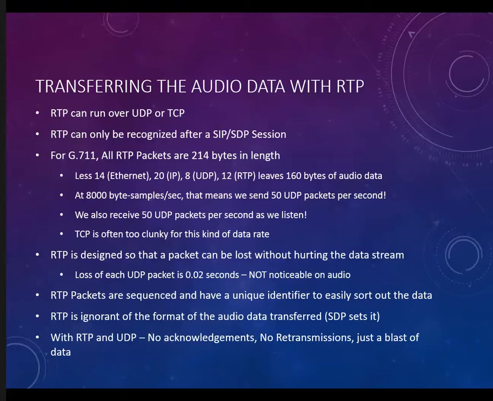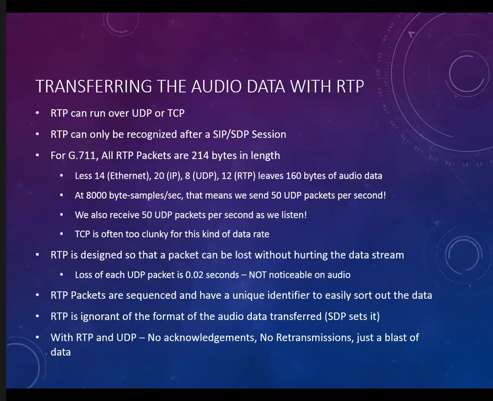Finally, the RTP packets are sequenced, so we know when things come in out of sequence, and have a unique identifier that is randomly assigned, because a lot of times in conference calls you can have a lot of talkers and a lot of receivers sharing the same RTP sessions. In order to identify which ones go with which, there is a 32-bit unique hexadecimal identifier that is used to sort which session goes with which.